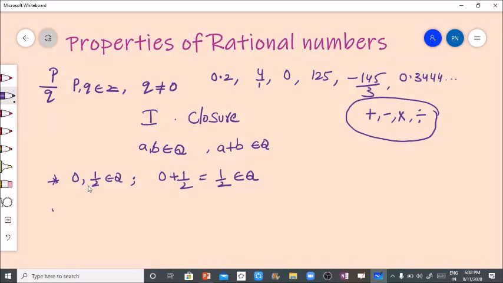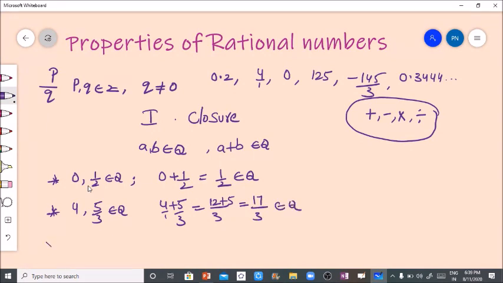Next some more examples. 4 and 5 by 3. These are rational numbers. 4 plus 5 by 3 equals, here LCM is 3, 4 threes are 12 plus 5 equals 17 by 3. This is also a rational number.